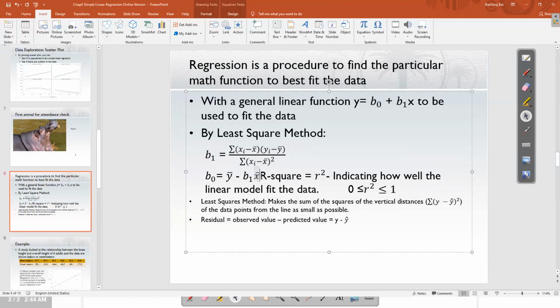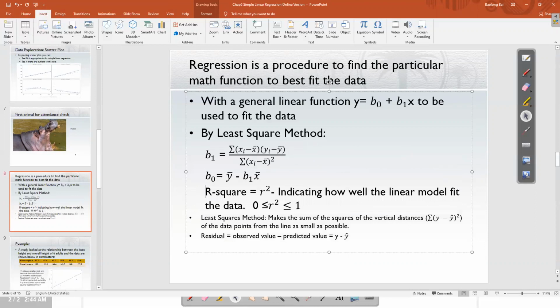All right, so earlier I mentioned a measure to tell how well the model fits the data, the coefficient of determination. It's also called R square, right? R square is calculated by taking the correlation R and squaring it.